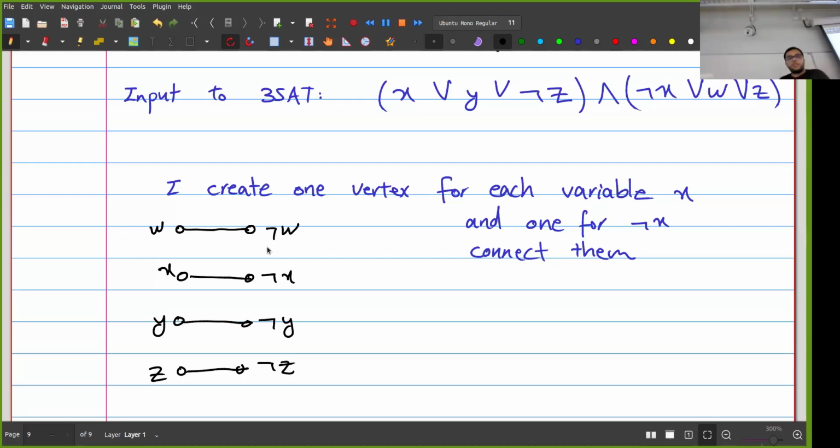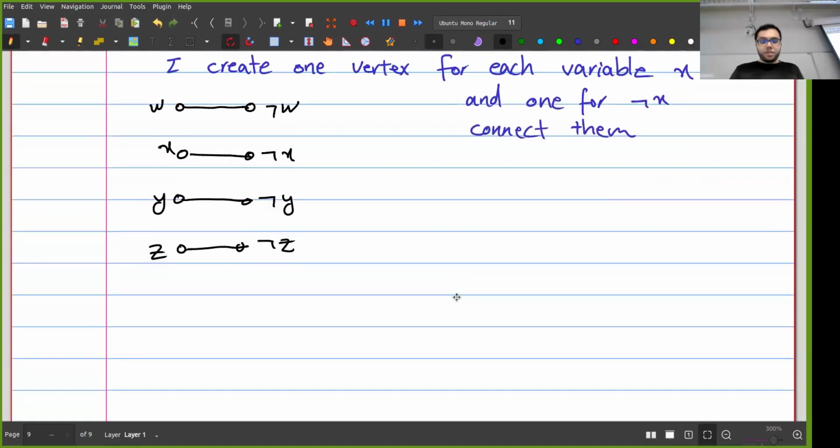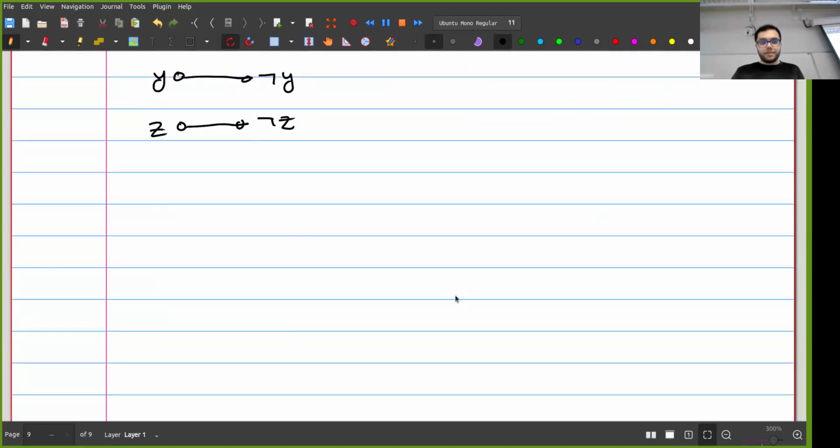And I'm doing the same thing for all of my variables. But at this point, I have kind of a nonsensical graph because you can easily compute the largest independent set here. You can just take one vertex from each pair, right? I have to continue, and I have to make sure that my graph really represents my original three set inputs. Now, I'm going to create some vertices for clauses.